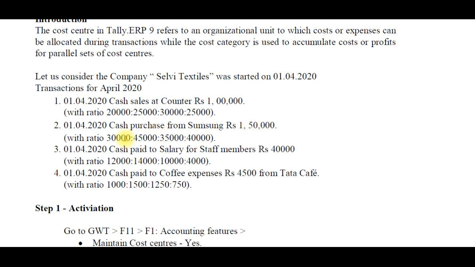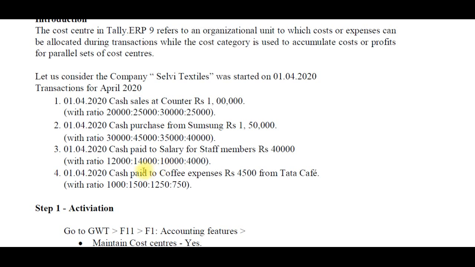Totally, branch 1 gets 30,000, branch 2 45,000, branch 3 35,000, and branch 4 40,000. Then the third transaction, salary to the staff members, 40,000. Branch 1 staff get 12,000, branch 2 staff 14,000, branch 3 staff 10,000, and branch 4 staff get 4,000 only.